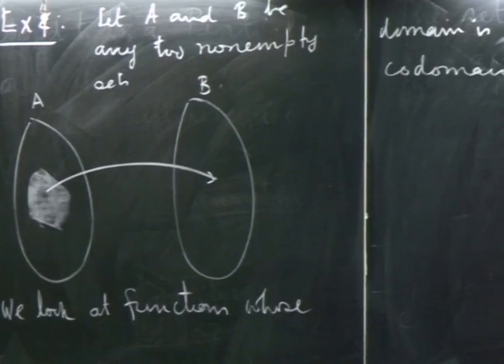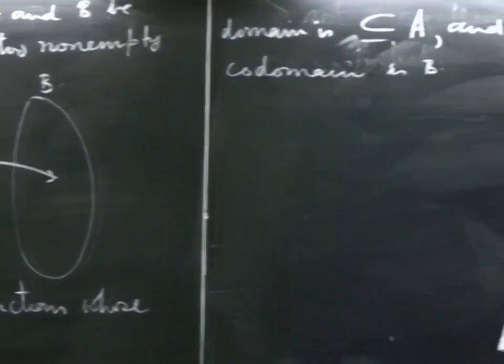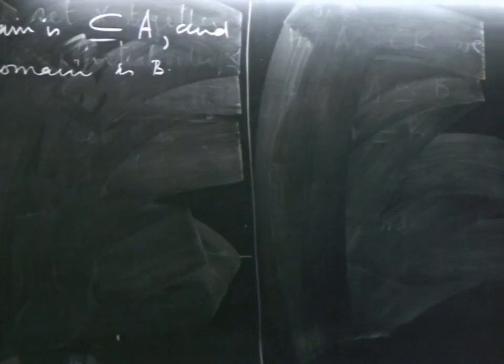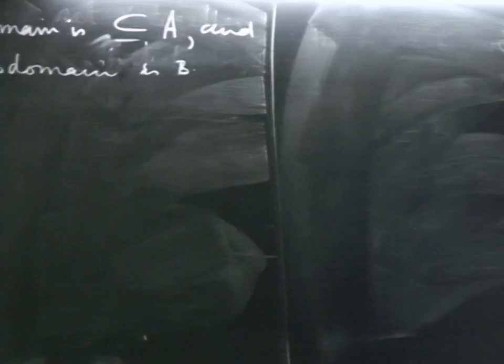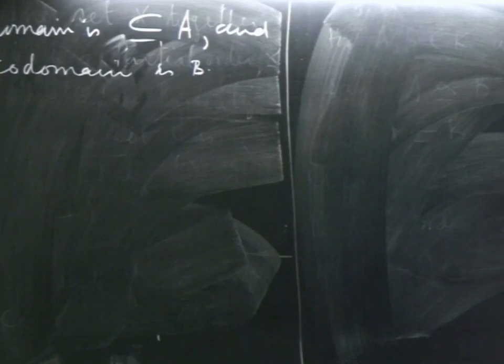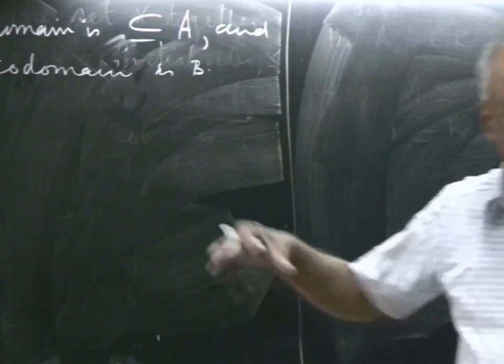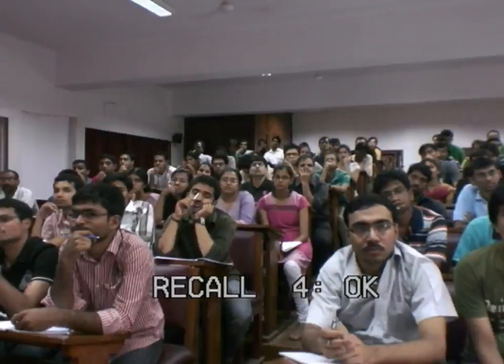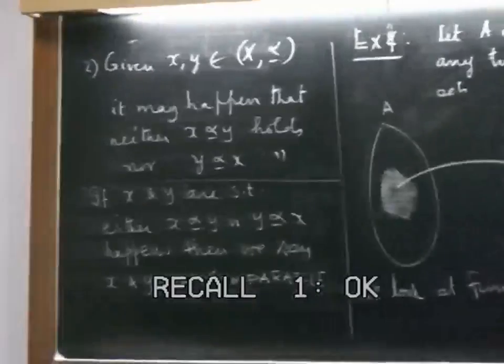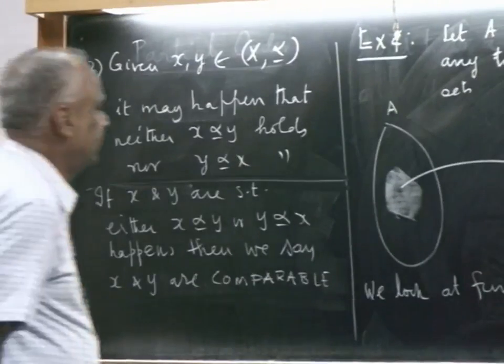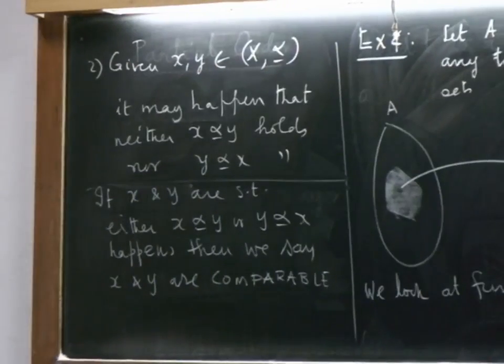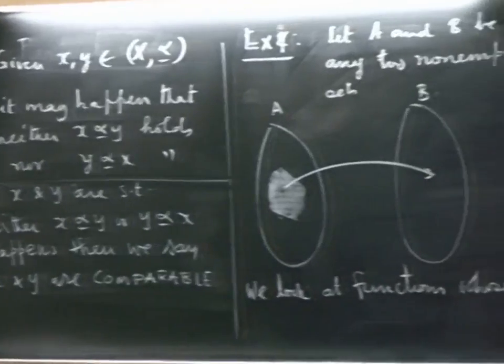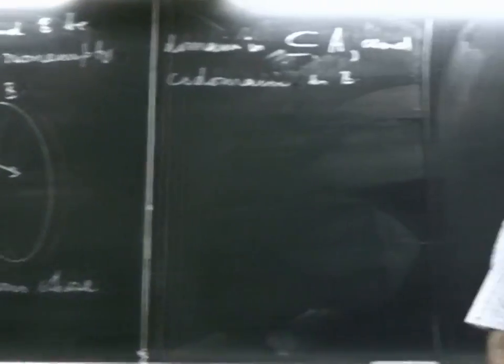So, you know that every function clearly has two parts, one called the domain and the other called the codomain, and two functions are said to be equal only when the domains, codomains are equal and the corresponding values are equal. Okay, so now I am going to take all such possible functions.